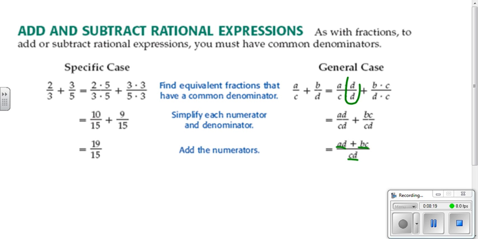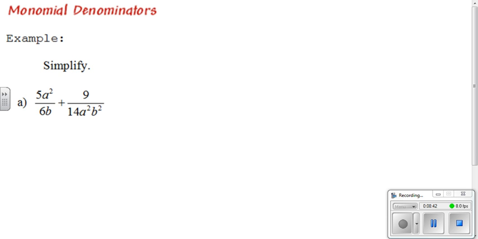We multiplied one side by d over d, kind of like before we multiplied our fractions by 7 over 7 and 4 over 4. So this is our 7 over 7, this is our 4 over 4. That would simplify down into something like this, and in the end, this is what we're looking for. So this is kind of the main idea of everything. So let's see how it works.